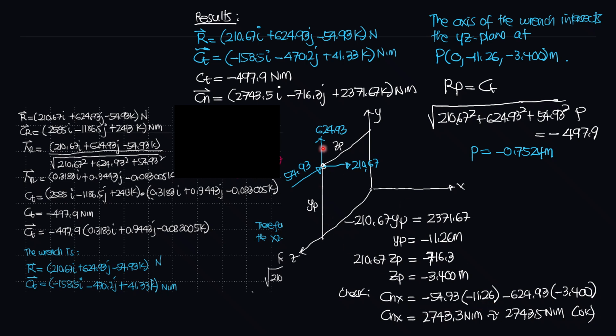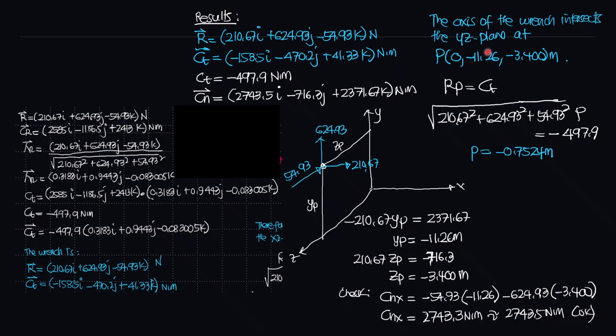Then negative 624.93 times zp, and zp is negative 3.400. Combining, the answer is 2,743.3 Newton meter, and comparing with C sub nx, which is 2,740.5, they are close, so that's acceptable. That checks that these coordinates are correct.